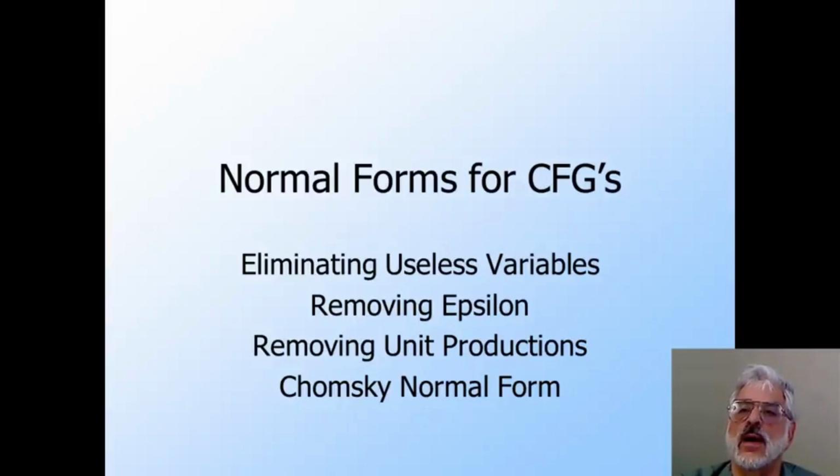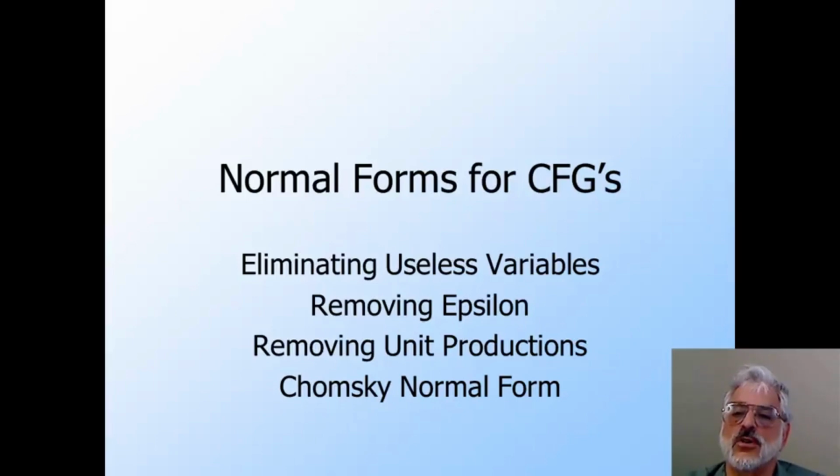Context-free grammars can be badly designed. For example, they can have variables that play no role in the derivation of any terminal string and therefore shouldn't be there. That is analogous to states of a finite automaton that aren't reachable from the start state. There are also certain productions that, while they are necessary, cause derivations to take many steps that can obviously be combined.